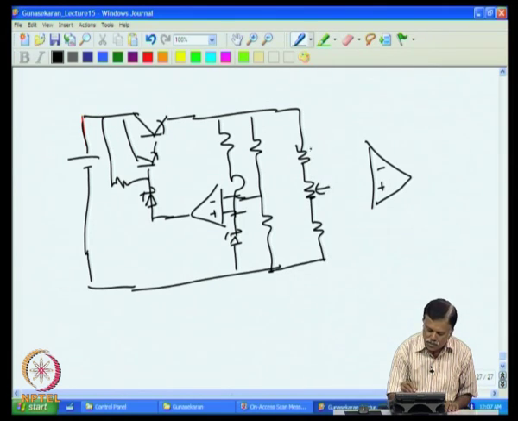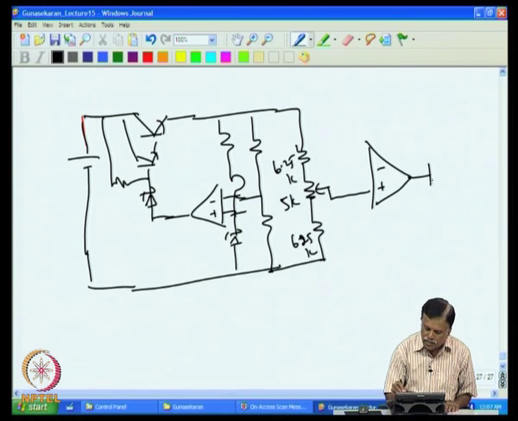This was shown as 6.25 K and this was 6.25 K, and then the 5 K part was used. Then this was connected to this. Then we had the output current converter stage.